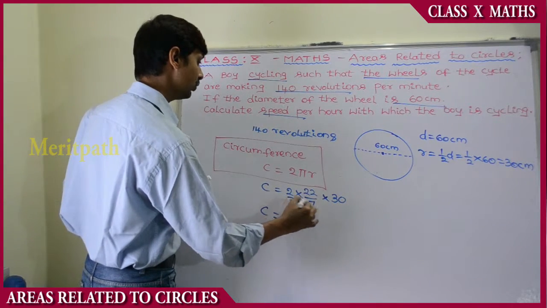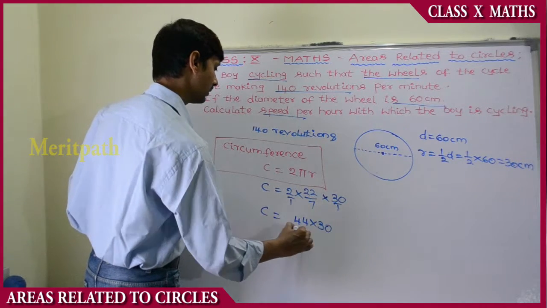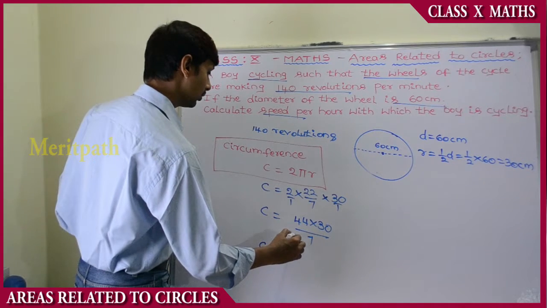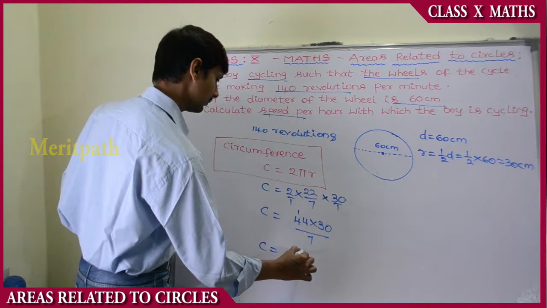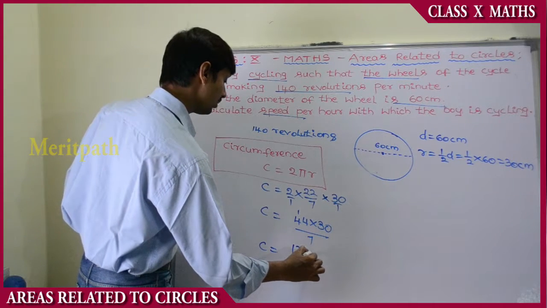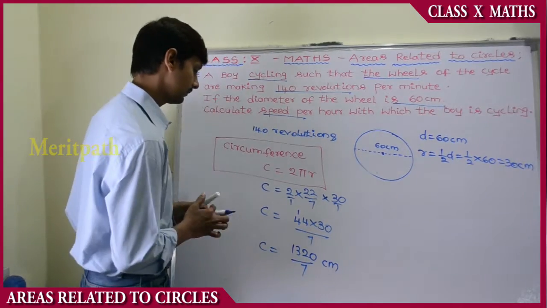Let's multiply the numerators. 44 into 30 by 7. So let's multiply: 1320 divided by 7 centimeters.